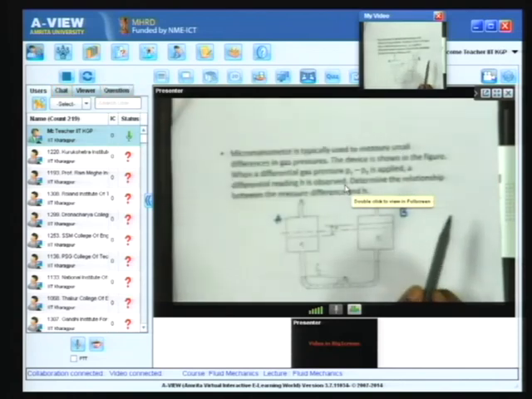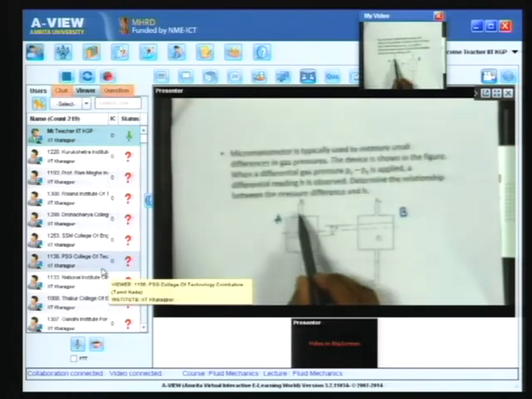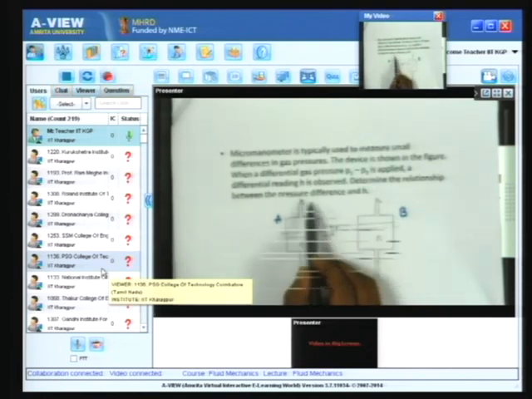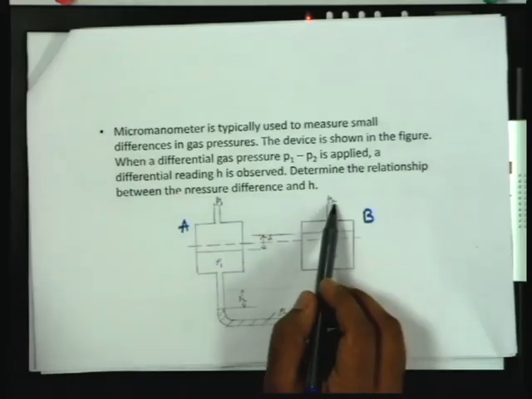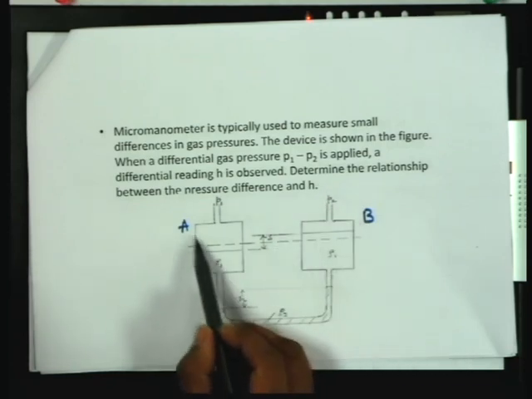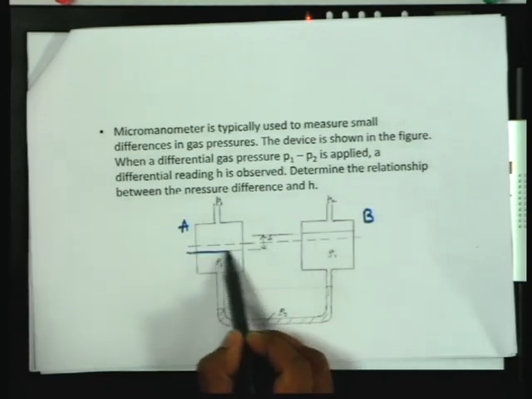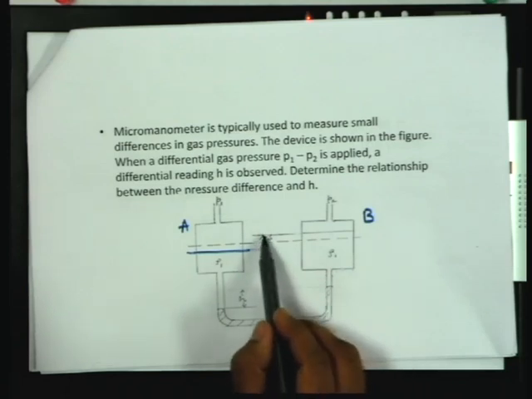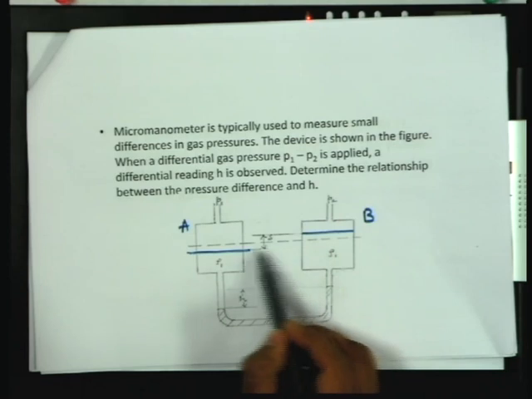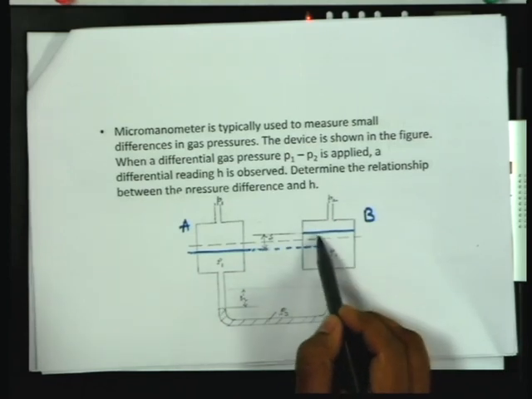The micromanometer has two limbs A and B, which are acted upon by differential pressure P1 minus P2. The liquid in chamber A gets depressed by an amount, and consequently the liquid in chamber B gets elevated by the same amount.